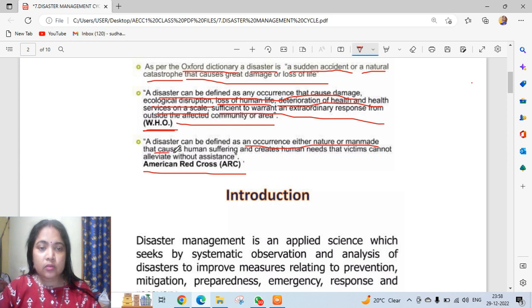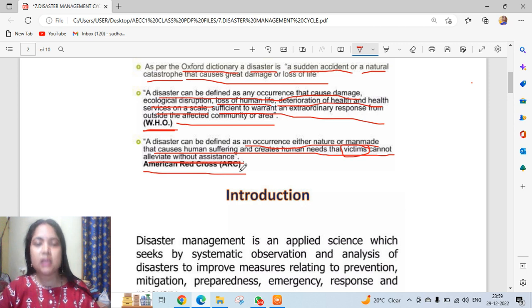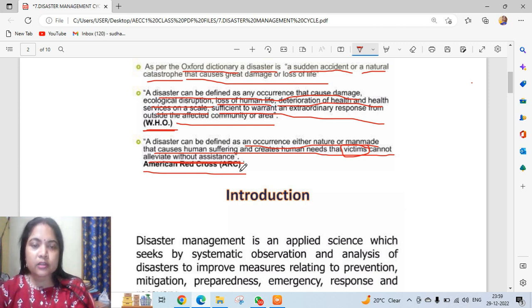That causes human suffering and creates human needs that victims cannot alleviate without assistance. It means the affected people cannot live without any assistance, they need relief, isn't it? That is the American Red Cross definition of disaster.